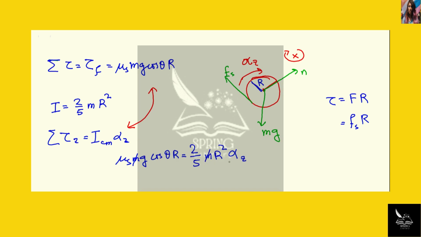Then, since the sphere is not slipping, alpha is equal to a over r, so we can substitute that as well. If we do so, we get mu s g cosine theta equals 2 over 5 alpha.